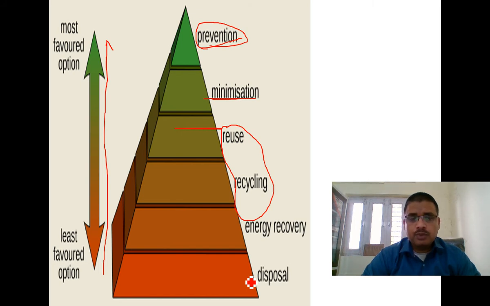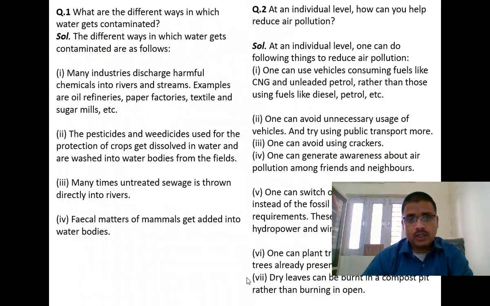So that is all about this chapter. Now we are going to talk about some questions. I am not going to discuss all of them, but you have to understand that these questions are related to your NCERT book, and the answers are also written here.